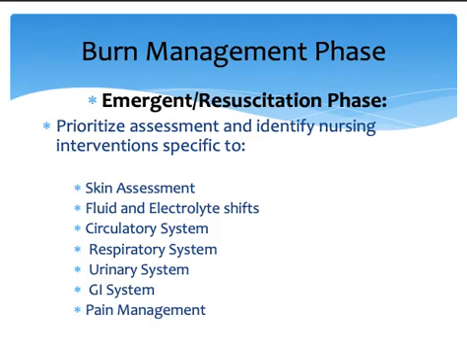Now, let's look at what is called the emergent or the resuscitation phase. This emergent or resuscitation phase occurs within the first 24 to 48 hours after their burn. There are a lot of physiological changes that go on with a major burn in that first 24 to 48 hours.